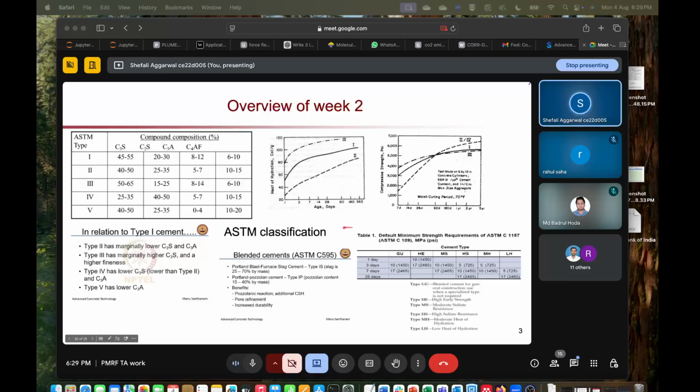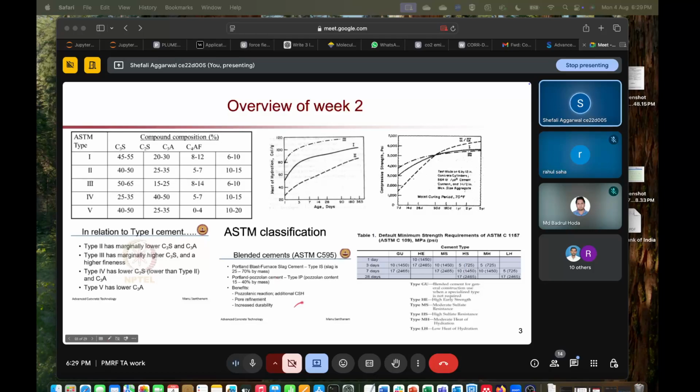After that we have blended cements. In blended cements ASTM gives different types, like slag cement, which has 25 to 70% slag, then Portland pozzolana cement, which has 15 to 40% pozzolan like fly ash. What are the benefits of these types of blended cement?